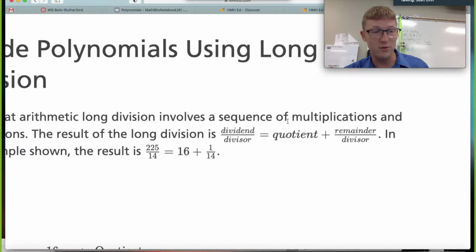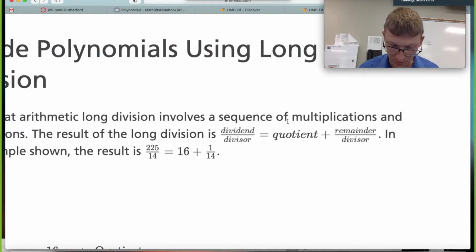I would say if there is a remainder, but a lot of these problems are going to have remainders, so kind of sort of get used to it. So in our example over here, we have our dividend, we have our divisor, and then when we do that math, we get our quotient plus our remainder.